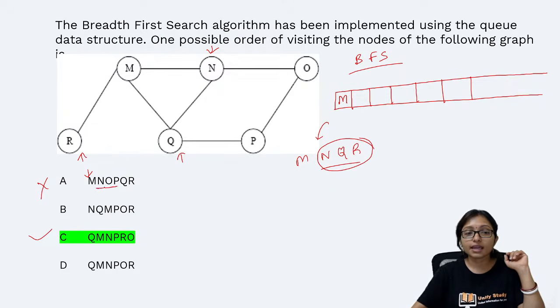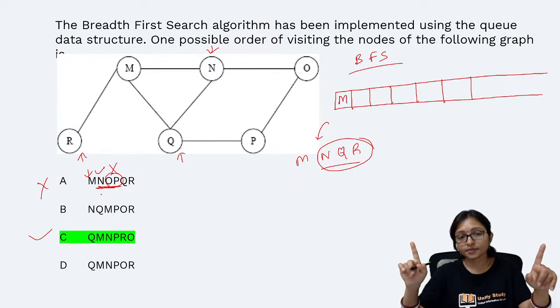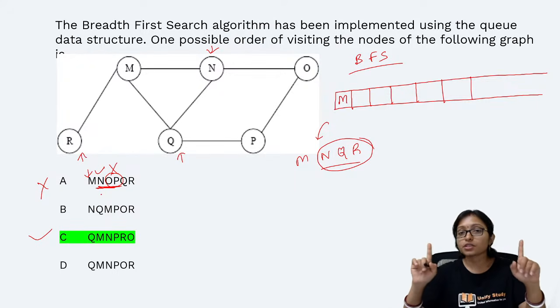You can see N, O, P. N is okay, but O, P cannot come after N. Why is it not possible?